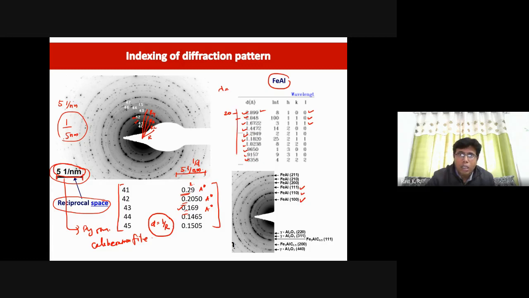The same way you can get d values also. Now it is 1.465. 1.465 is actually 200. You can see this. Okay. So once you have 1.505, that is not there. Okay. 1.505 is somewhere here in this one. So this is a way to index a ring pattern.